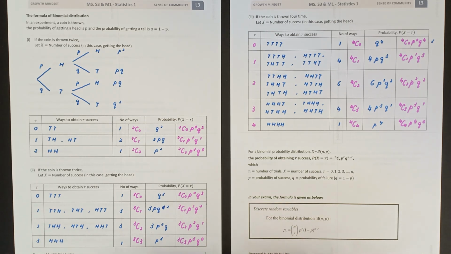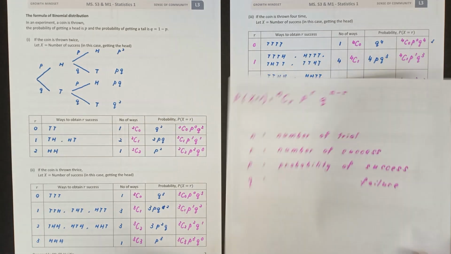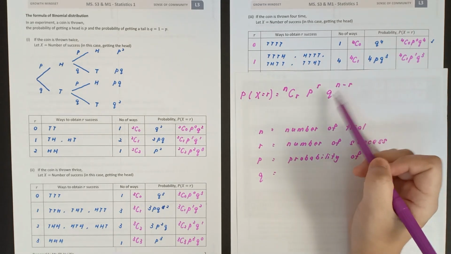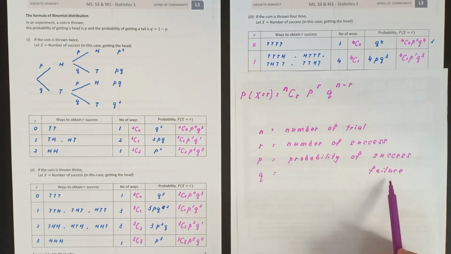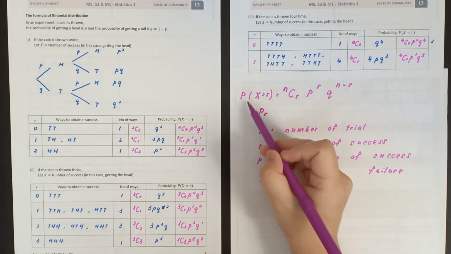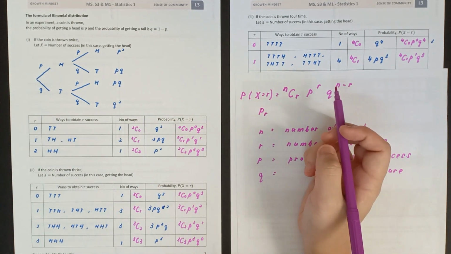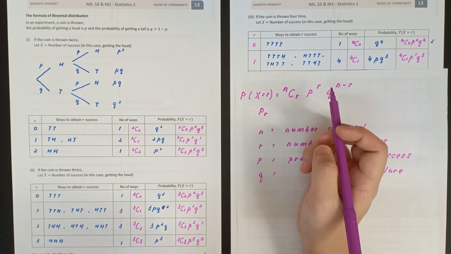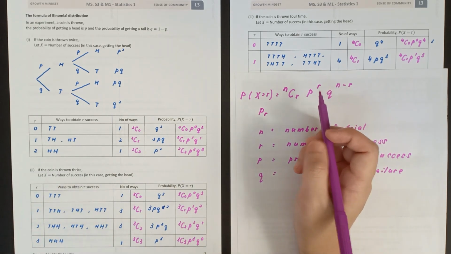It's basically the same thing, but because you already know that Q is the probability of failure, in your question paper, they write it in this way: probability for R. They don't write like this, but actually I think this way is much easier for you to answer. But I just want to make sure that you understand what they write.